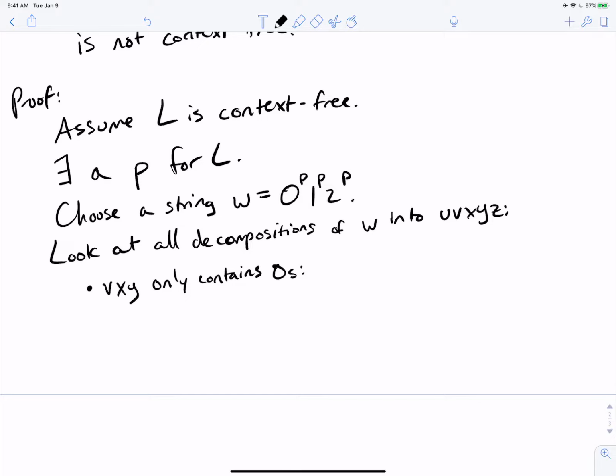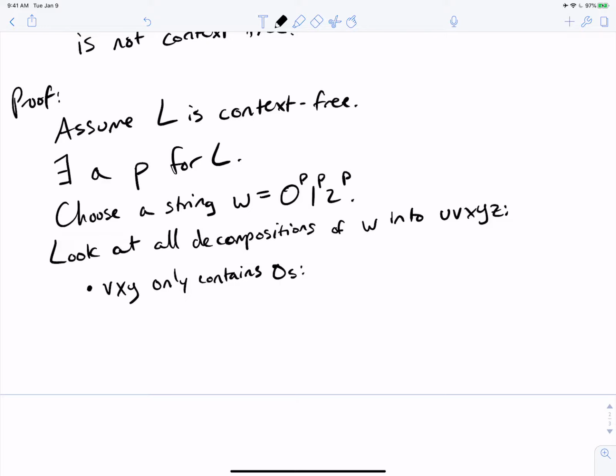Is there a way that we can pump to get out of the language if both of the pumped pieces are within only the zeros? By that I mean, if I insert an additional copy of V and Y into the string, am I going to leave the language?